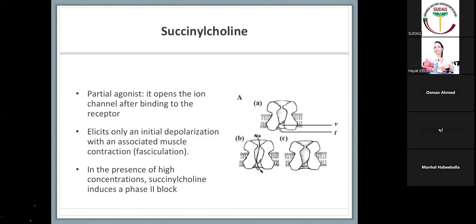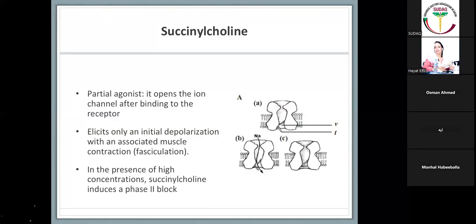Okay, and so the muscle becomes flaccid until succinylcholine is moved away from the neuromuscular junction, and that will take a few minutes by the time the concentration gradient reverses. So it comes from the central compartment to the neuromuscular junction, and once the concentration gradient reverses, it will go back to the central compartment where it is degraded by plasma cholinesterases.